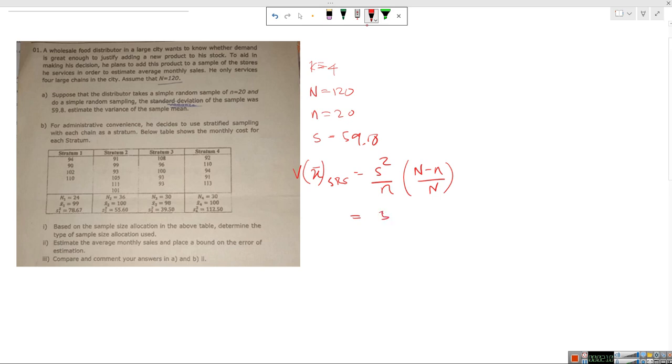So 59.8, sorry, here there should be a square, 59.8 squared divided by 20, times 100 divided by 120.